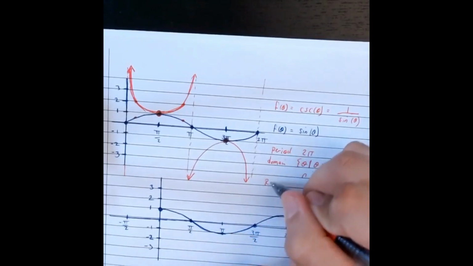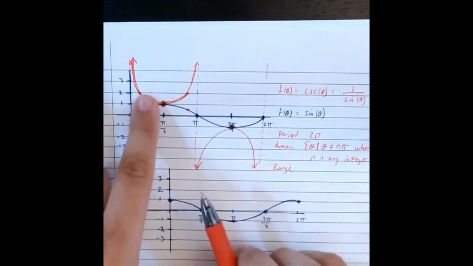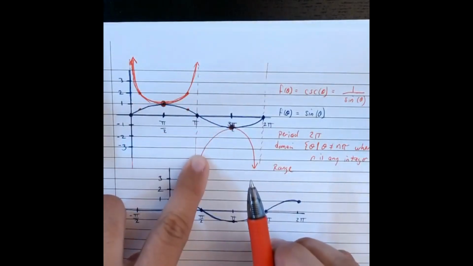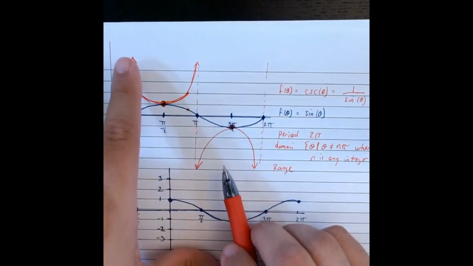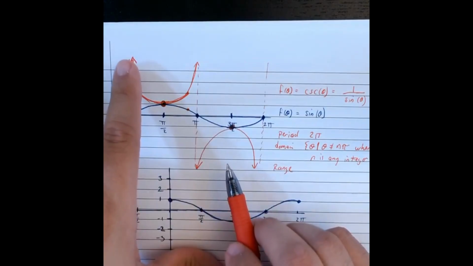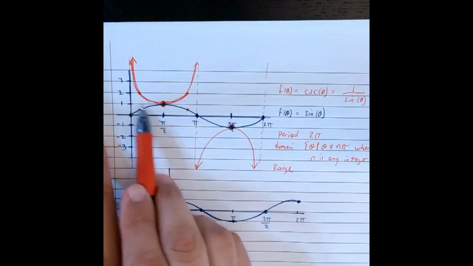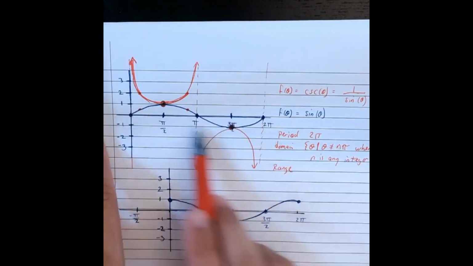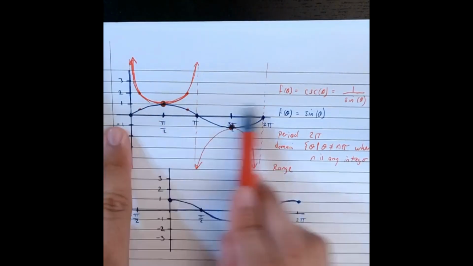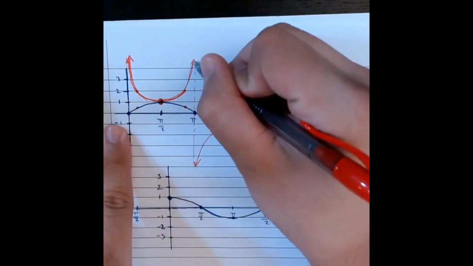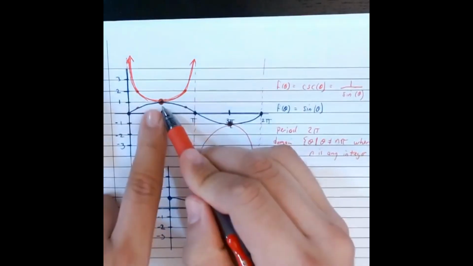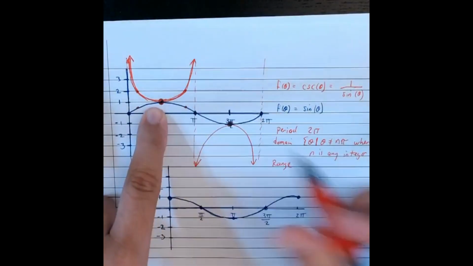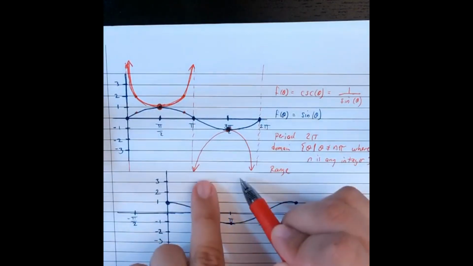The range of this function, well, notice this goes up forever and down forever. So you might think, oh, from negative infinity to infinity, just like tangent and cotangent. Well, not quite. Notice that right here, your function doesn't exist between -1 and 1. The function goes from 1 up forever, and it goes from -1 down forever.